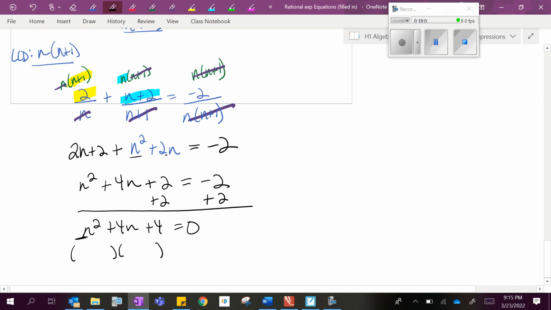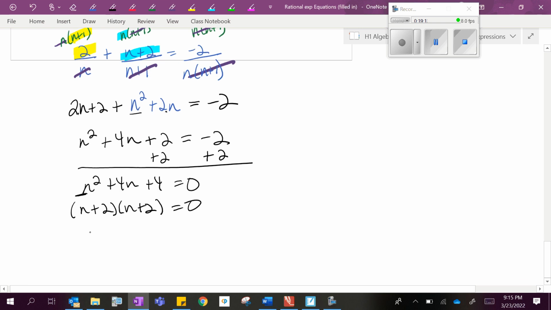So I think what multiplies to 4, adds to 4, is going to be n plus 2 and n plus 2. I set them both equal to 0, and I get n equals -2. That occurs twice. So I could say multiplicity of 2. We know what that means.